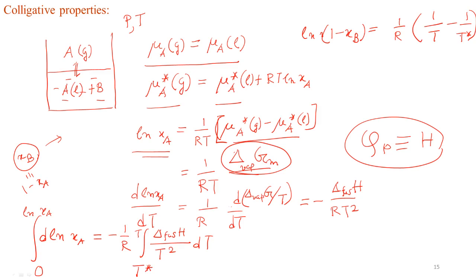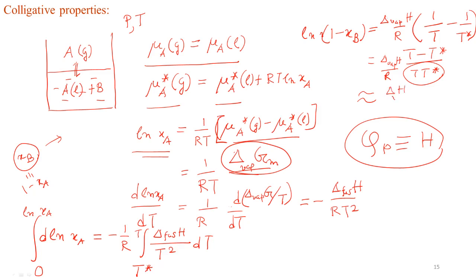So what we'll get is delta H vaporization by R, and then we can write it as T minus T star divided by T into T star with a negative sign, and that we can further approximate, this T into T star, as T star squared.